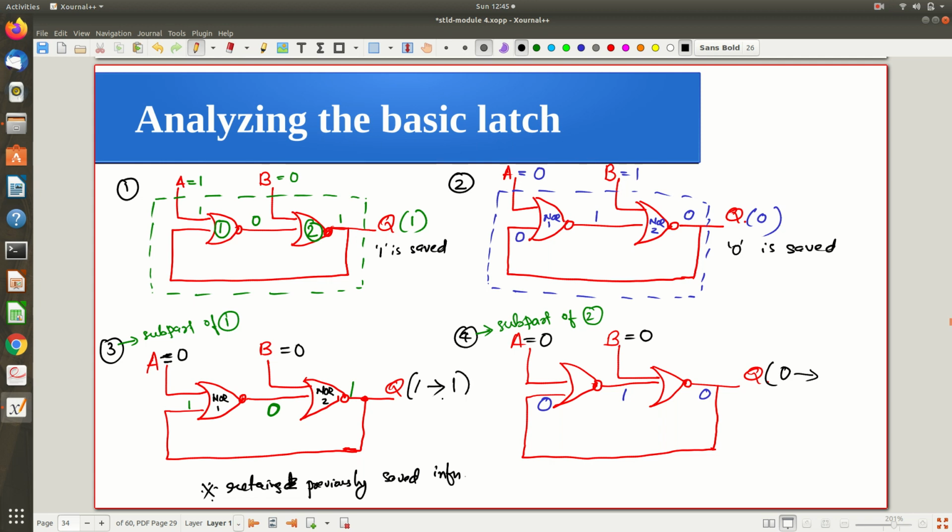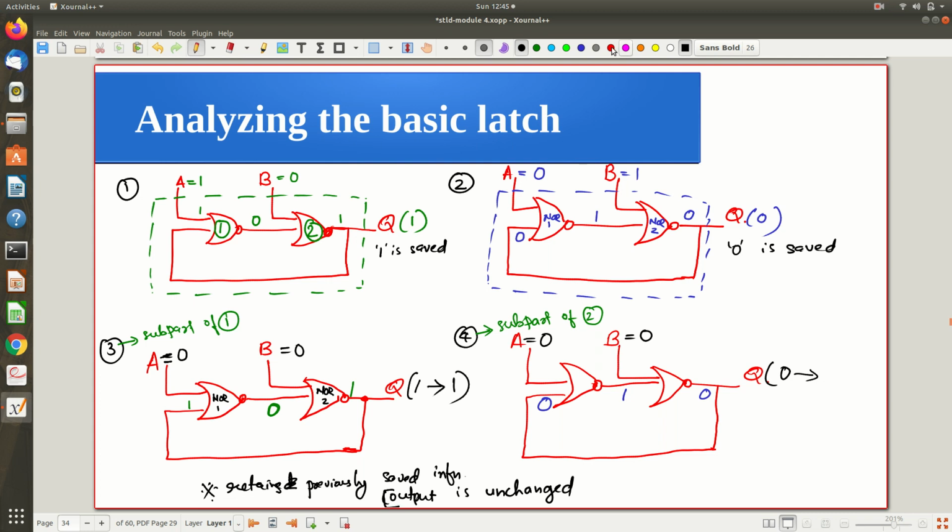Actually this 1 is retained as it is. As long as the input is 1 and 0 you are getting 1, and when you take that input away from the circuit, this is something I can call the output is unchanged. Okay, that is important, right? The output is unchanged.